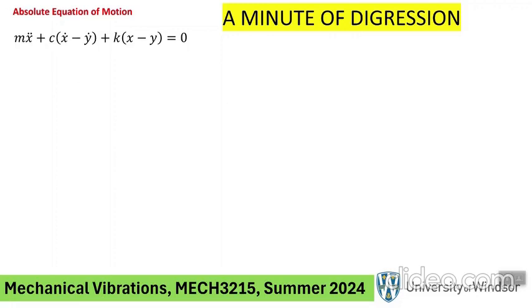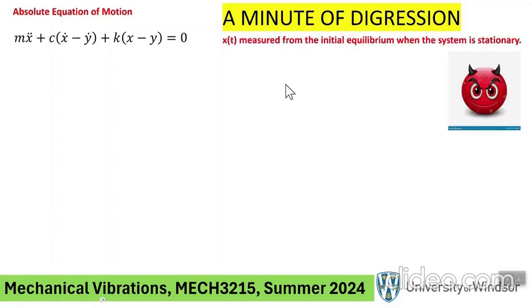That's what Newton's law says. This is why I put a caution here that this x is measured with respect to a fixed point. The fixed point may be where the system was stationary, wherever the mass settled down. Okay, be careful.